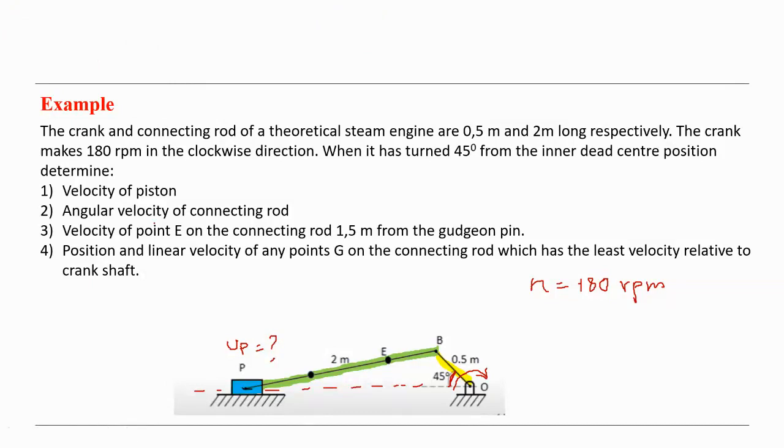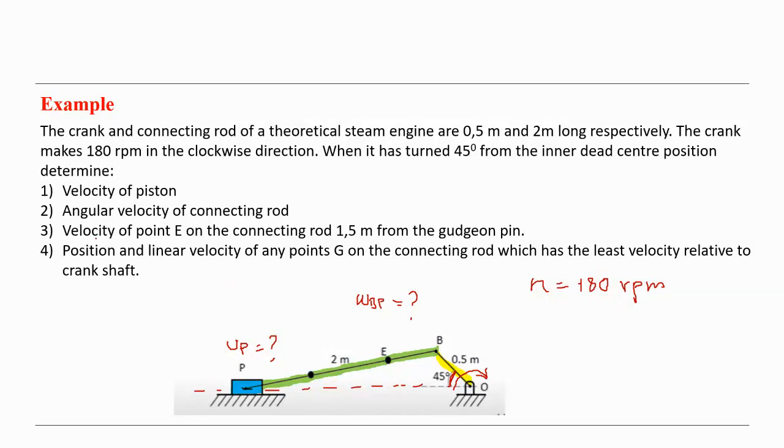This is the connecting rod here, so the angular velocity of the connecting rod, and VBP, that is B about the point P, also has to be calculated.